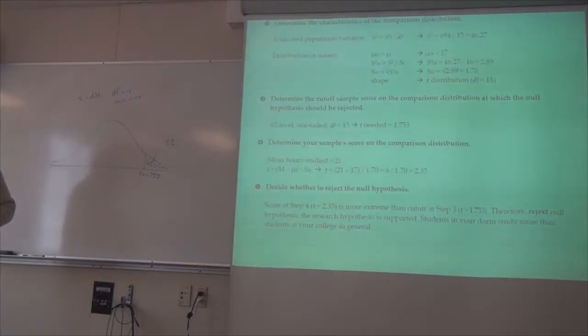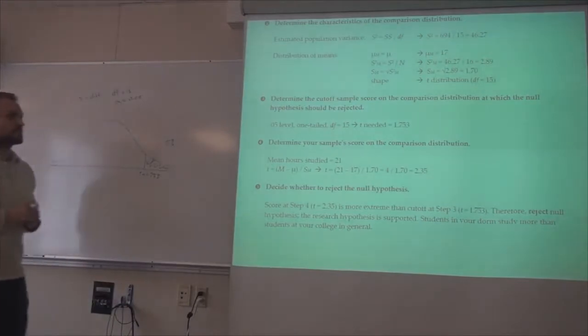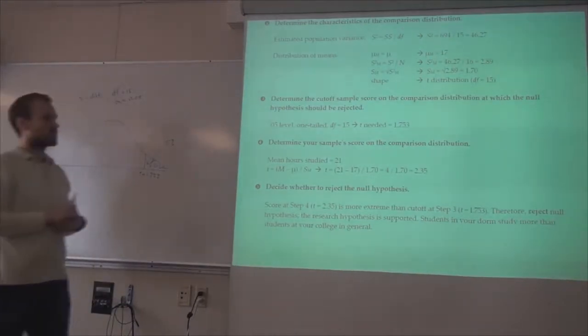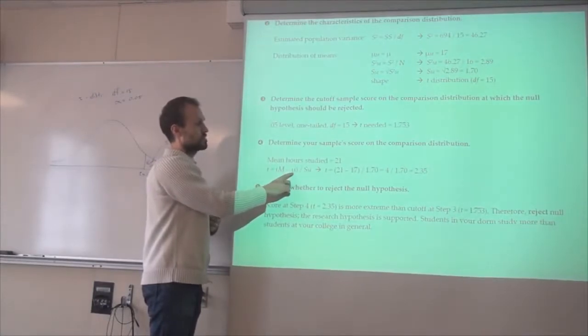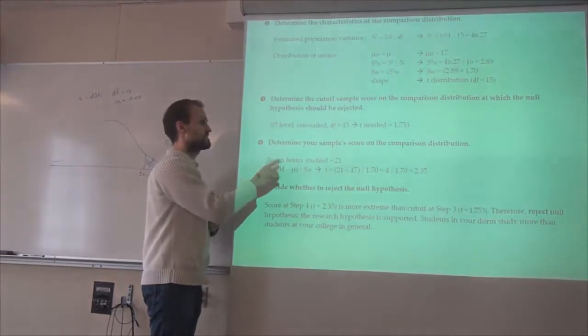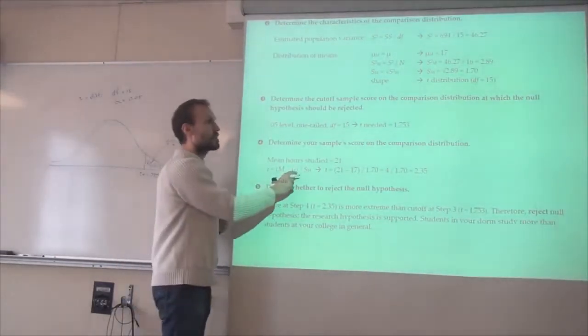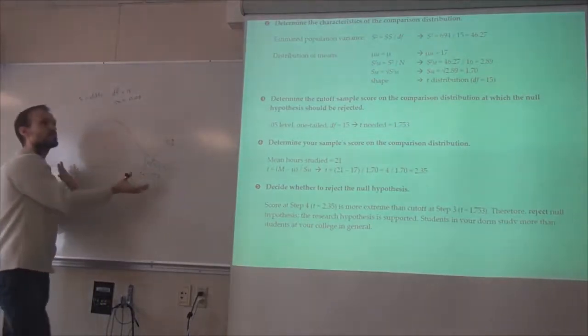Then I'm going to look at my sample. What does my sample give me? My sample gives me an average number of hours in the dorm of 21. So convert that to a t-score the same way: the mean minus the population mean. Well, this should really be a mu m, because I'm using the distribution of means.